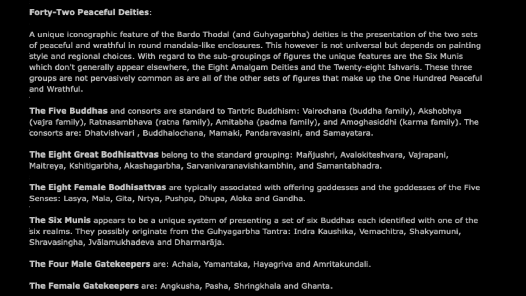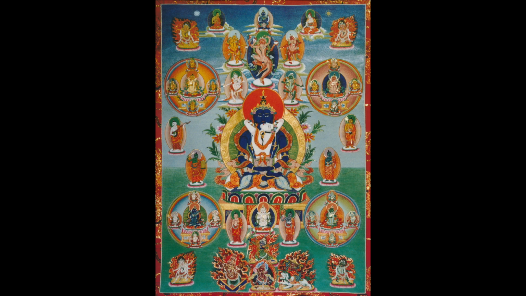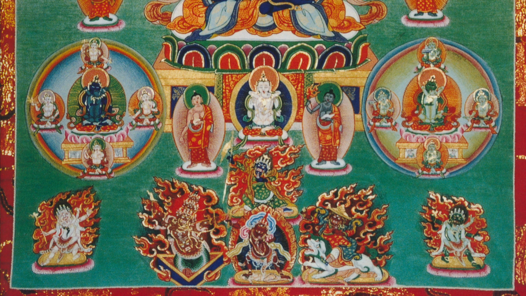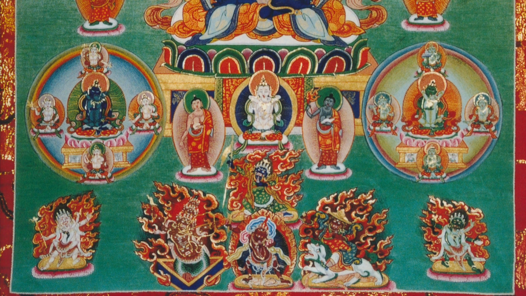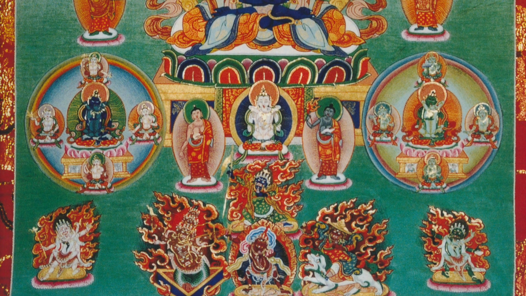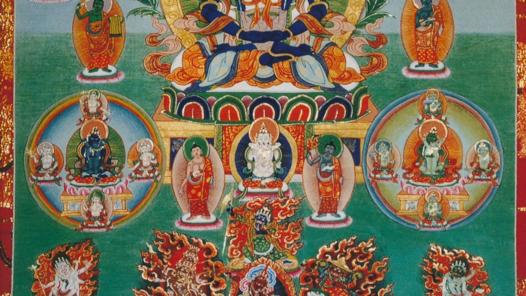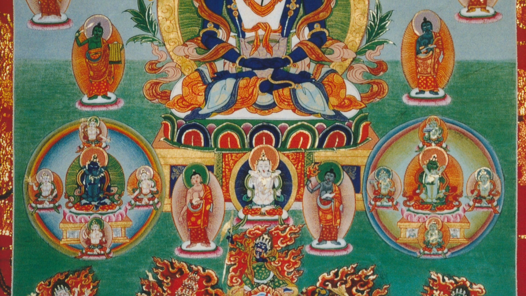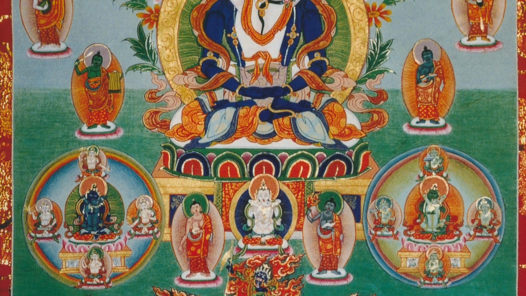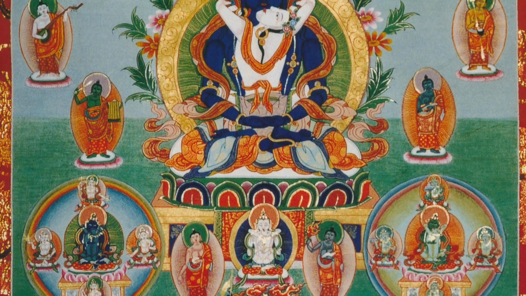The 8 great bodhisattvas, or the 8 male bodhisattvas in this system, are the standard 8 bodhisattvas that we have sometimes in Mahayana Buddhism, but most often in Vajrayana. So it's really Avalokiteshvara, Manjushri, Vajrapani, Maitreya, and then the others, Kshitigarbha, Akashagarbha.